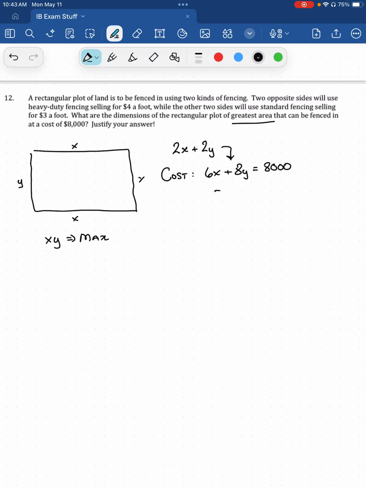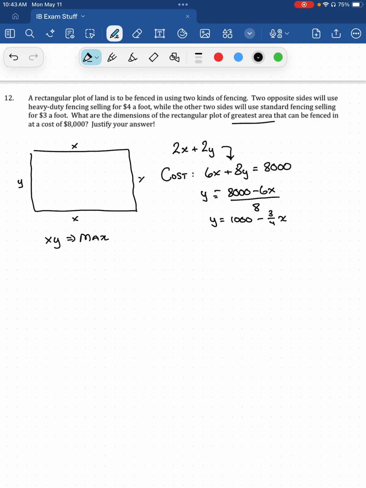Y is going to equal 8,000 minus 6x divided by 8, or Y more simply is 1,000 minus 3/4 of x.